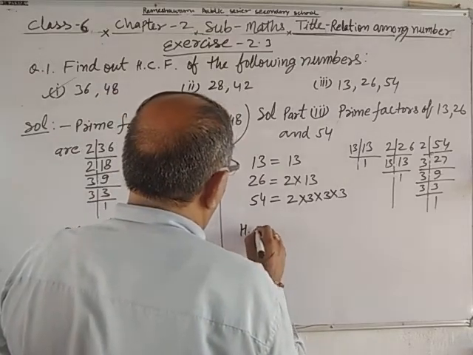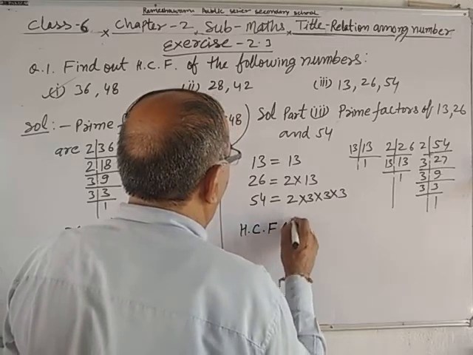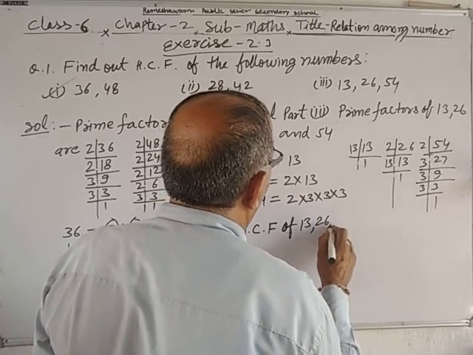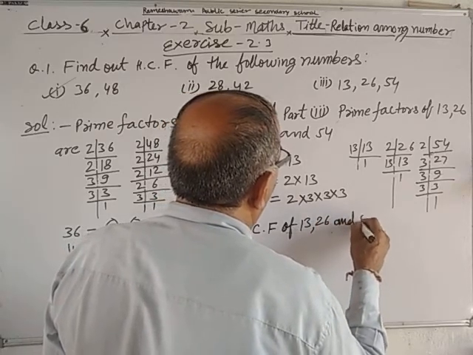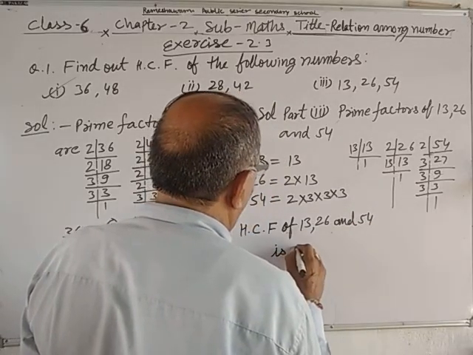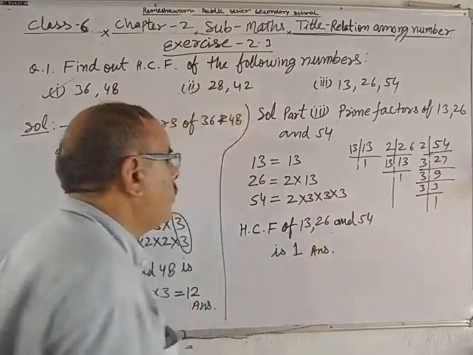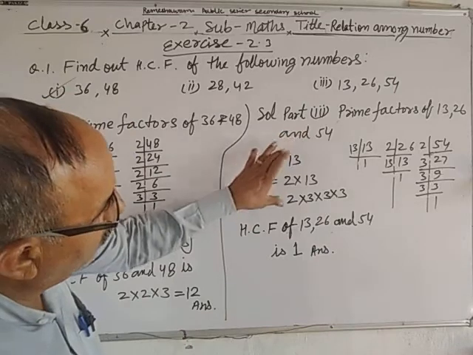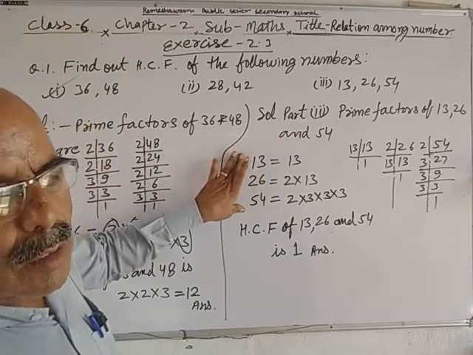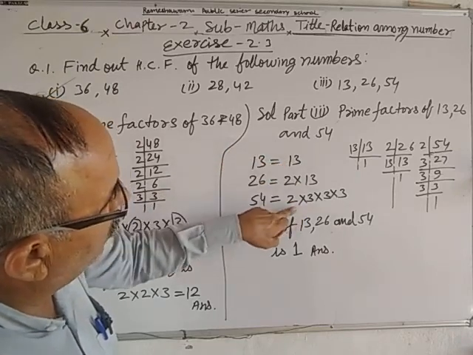The HCF of 13, 26 and 54 is what? Answer: 1, because no single digit is common in the three given numbers. 13 is not in 54.